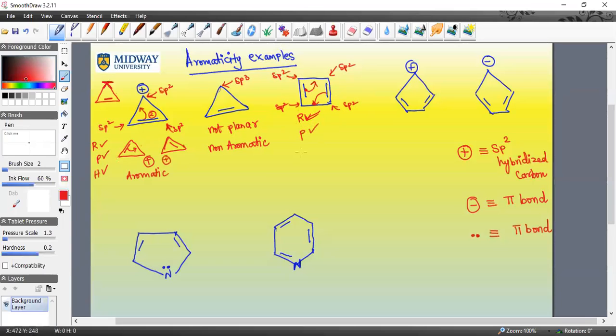Planar, check. Huckel's rule. Well, that's where it fails. We have 2 electrons for this, 2 for this, so we have 4, right? But we will never be able to match Huckel's rule because Huckel's rule goes like 2, 6, 10, etc. So I will never be able to match 4. So Huckel's rule fails. It's non-aromatic.